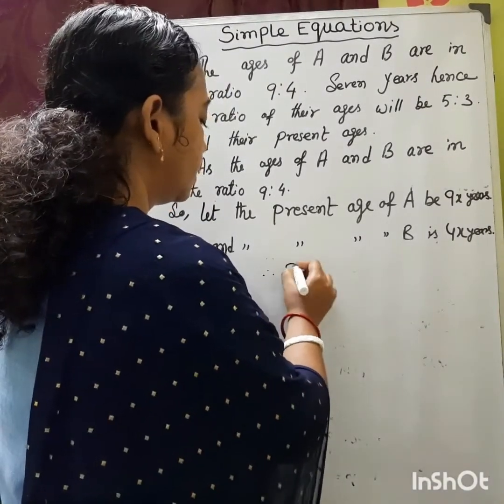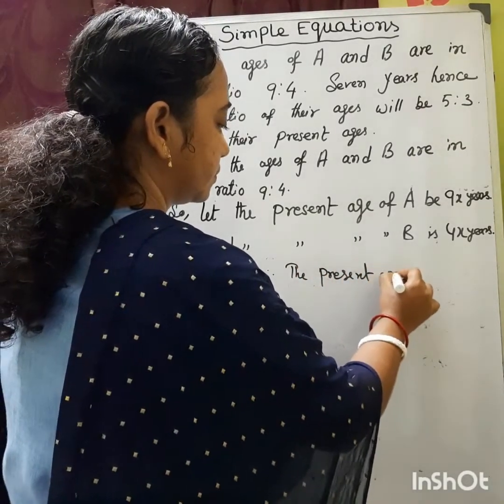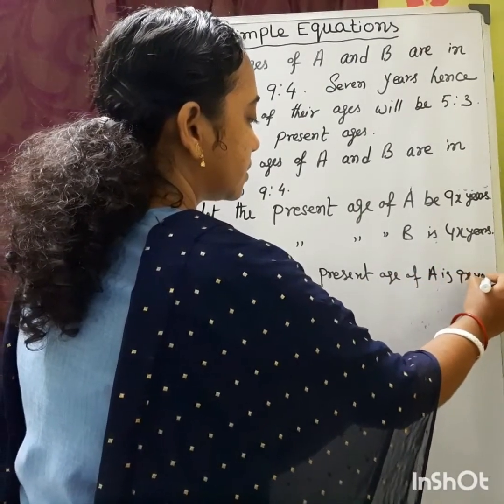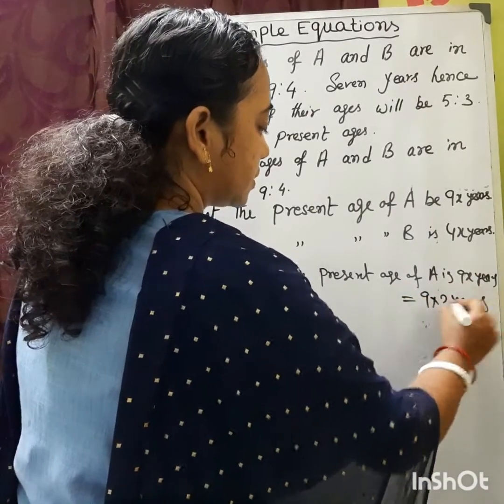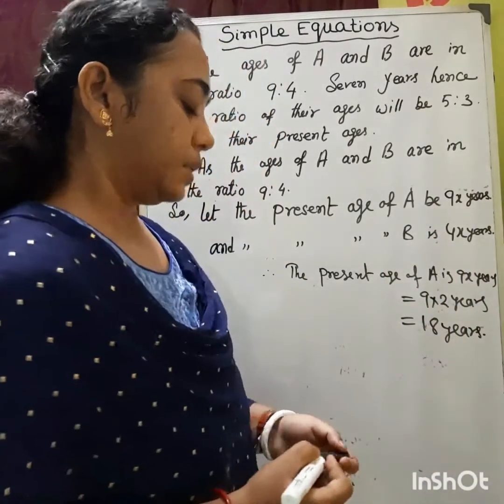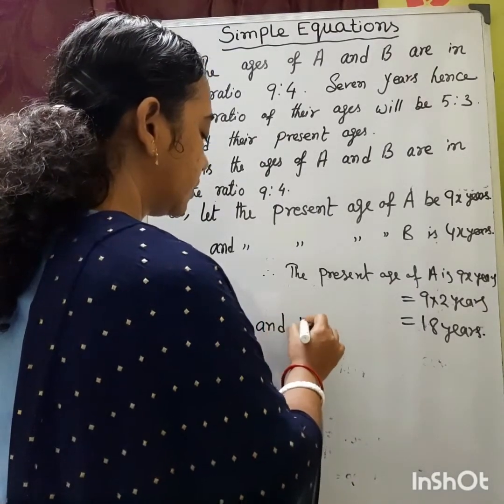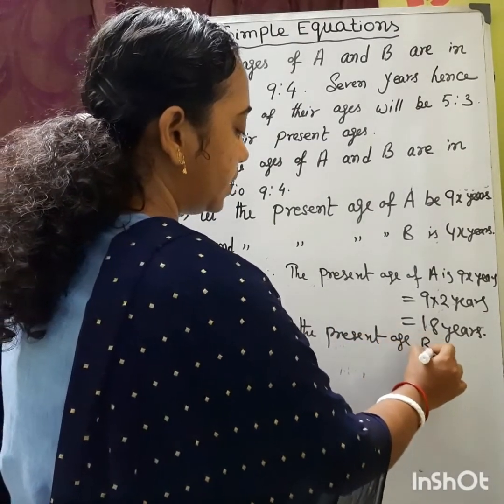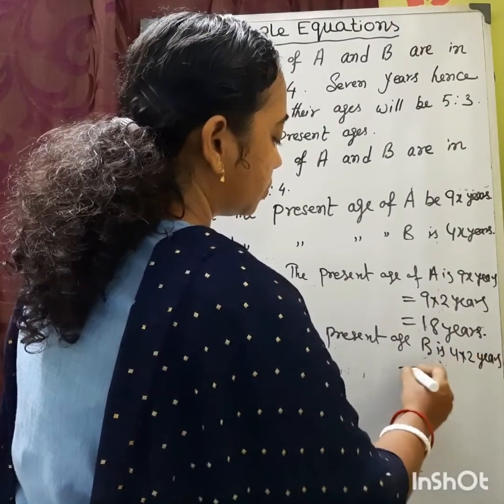So therefore, the present age of A is 9x years, which is equal to 9 into 2 years, equal to 18 years, because here we got the value of x as 2. And the present age of B is 4 into 2 years, equal to 8 years.